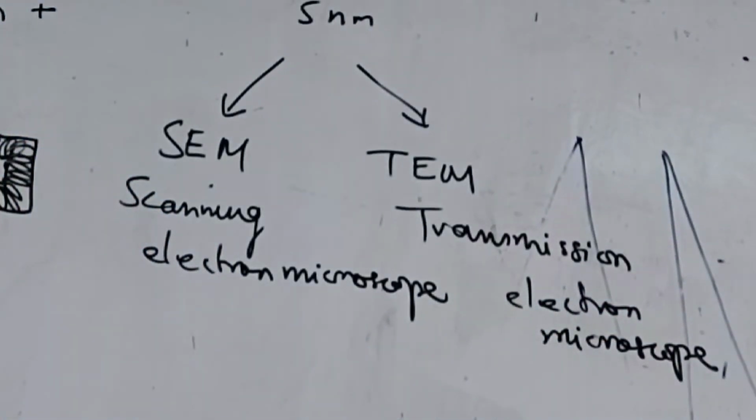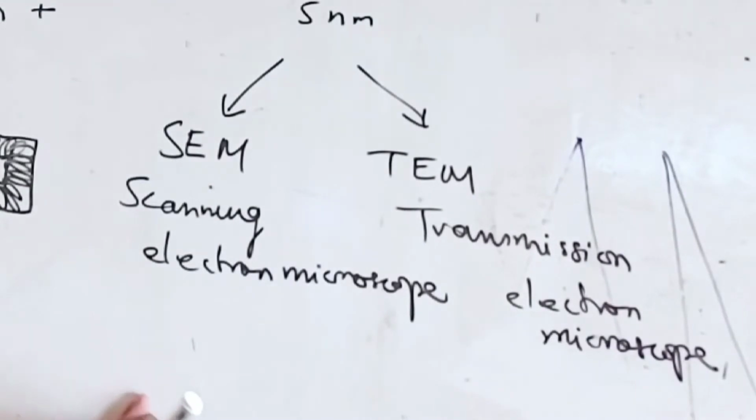As the name suggests, the scanning electron microscope scans the object. It reveals the morphological surface features of the object: what is the 3D structure, how much is the depth of an object. You try to see that if you look at a bacteria, maybe a virus, or any other particle.